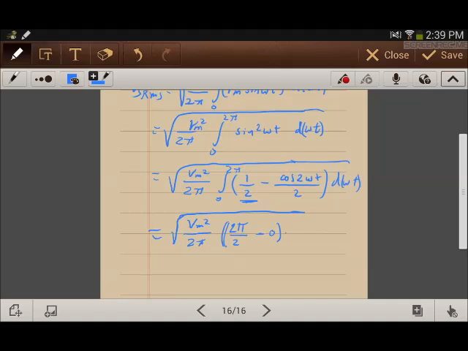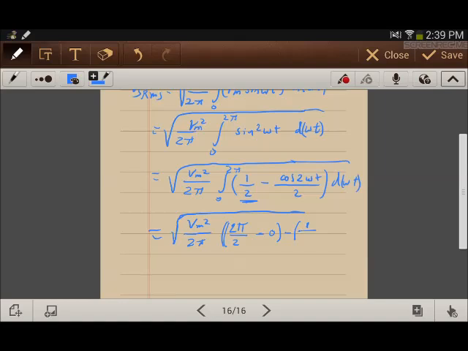For the second part I will add a minus cosine 2 omega t over 4. It will be cosine 2 multiplied by 2 pi, which is 4 pi, which is 1.